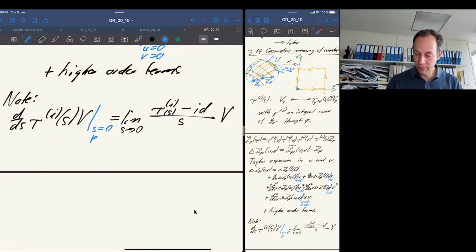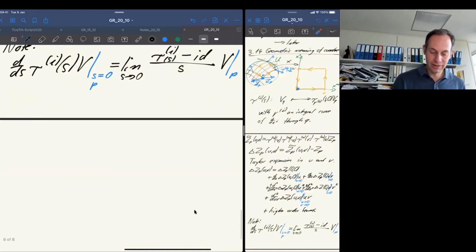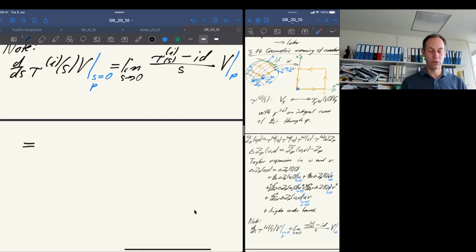So I still have to evaluate the whole thing at the point P. And now I do something that looks maybe quite useless, but it helps us connect it to the covariant derivative. I write this whole thing by multiplying it, on both sides of this difference, by the inverse of tau.